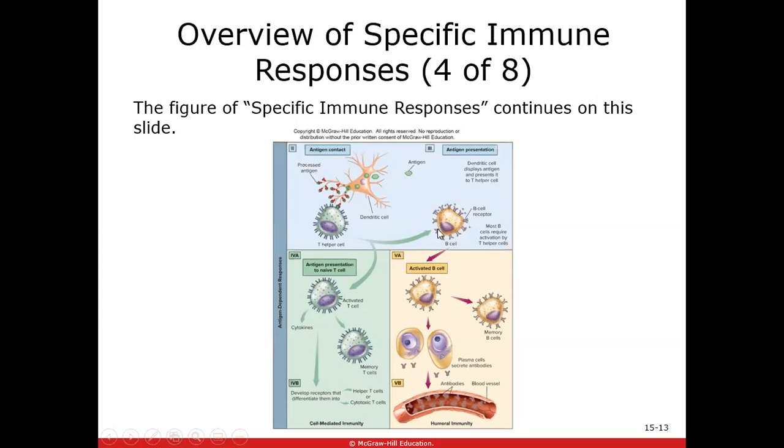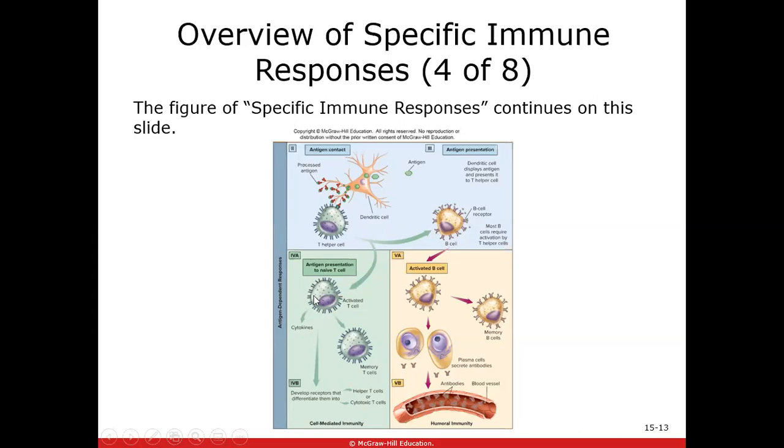Okay, so that's when the T helper cell activates the B cell. Then once the T helper cell communicates with the B cell that has that same antigen on its antigen receptor, and they agree that it is not a self antigen, then this T helper cell becomes activated as well.